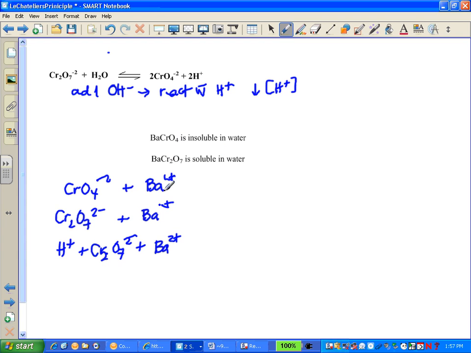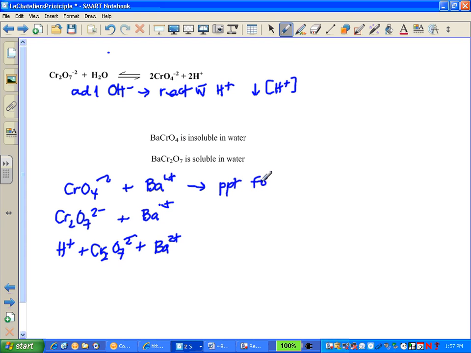Now, when you look at each of these scenarios, in the first scenario, you've got a significant concentration of the chromate to start, and then you add some barium ions to that. So there are lots of chromate ions present, available to form a precipitate with the barium, and so a precipitate is going to form. As the precipitate forms, the concentration of the CrO4 2-, or the chromate ion, is going to decrease.